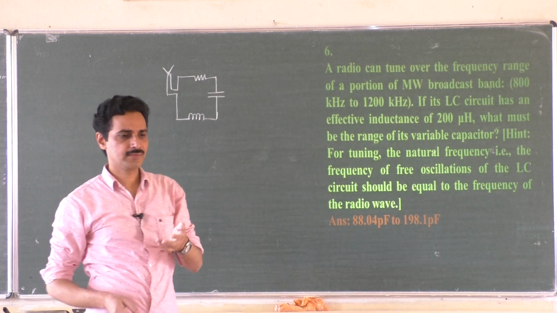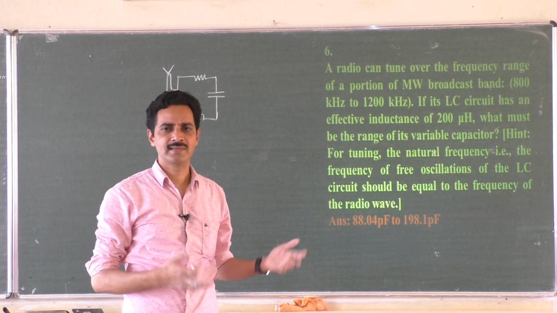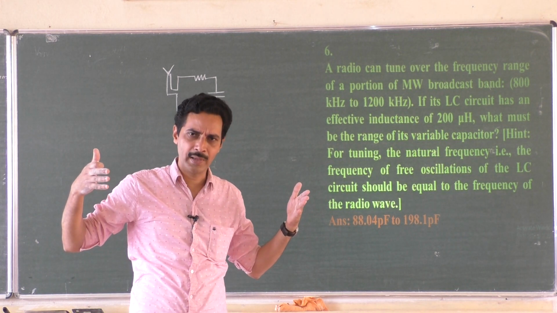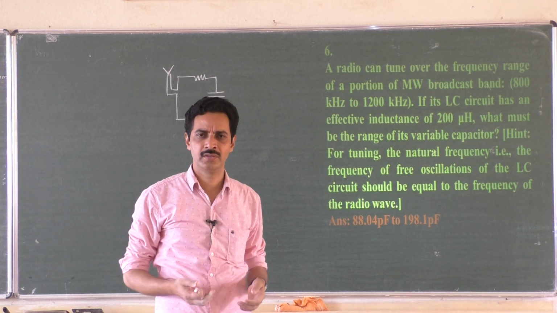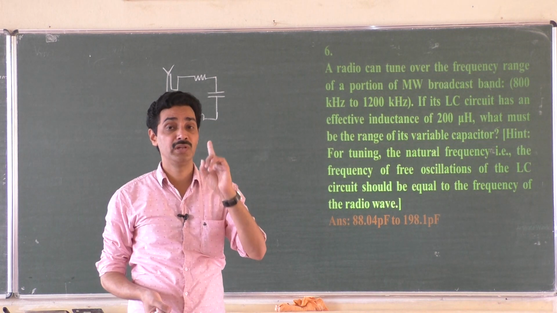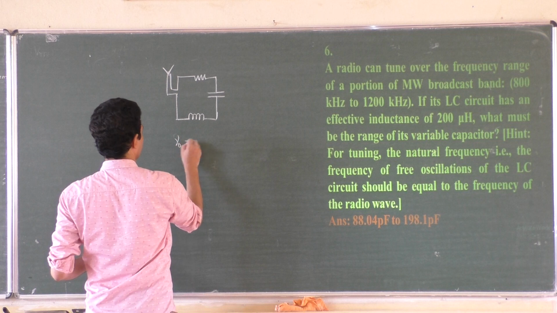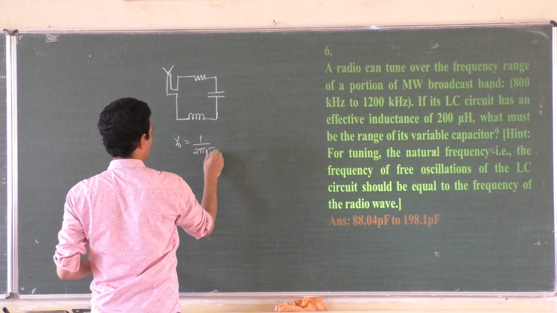All the signals from the transmitting stations, from Bangalore, Mysore, Hassan, Belgaum, every radio station program, will come and hit the radio antenna. The antenna will receive it, but the circuit won't receive all of them. It will receive only one frequency, for which 1 by 2 pi root LC holds good.